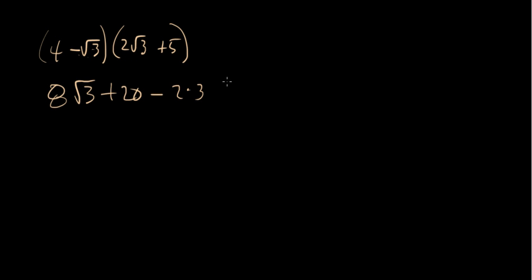And then negative square root of 3 times a positive 5 is a negative 5 square root of 3. 8 square root of 3 minus 5 square root of 3 is 3 square root of 3. 20 minus 2 times 3 is 6, is 12, plus 3 square root of 3.